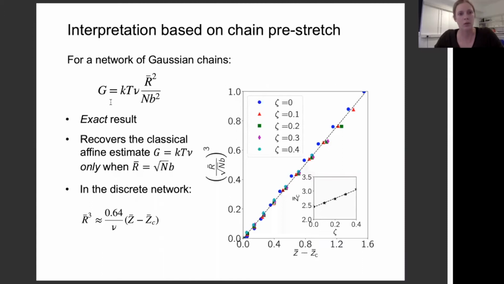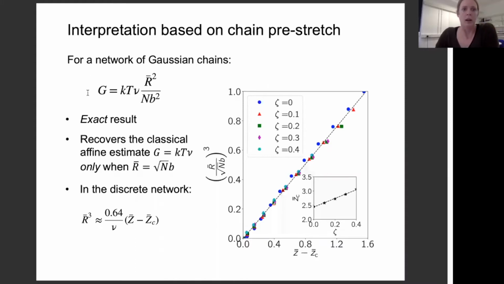In that case, you can show relatively easily that the modulus is given by kT nu times this extra factor here that is often forgotten, which is the ratio of the average end-to-end distance of the chain in the network squared divided by this Nb squared. So in the case where all the chains in the network on average take their random walk end-to-end distance, when R bar is equal to square root of Nb, as it is often assumed, then this factor is equal to unity, and you recover your familiar result that G is equal to kT nu, the affine modulus estimate.